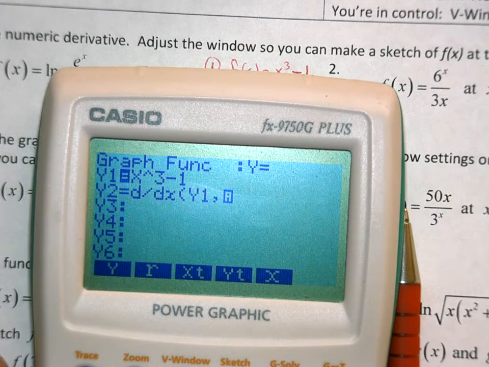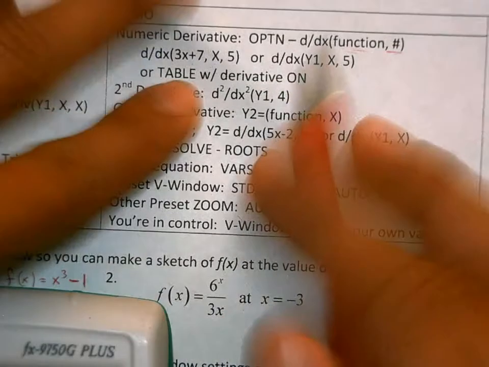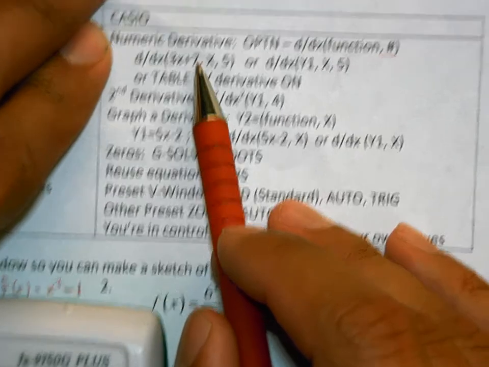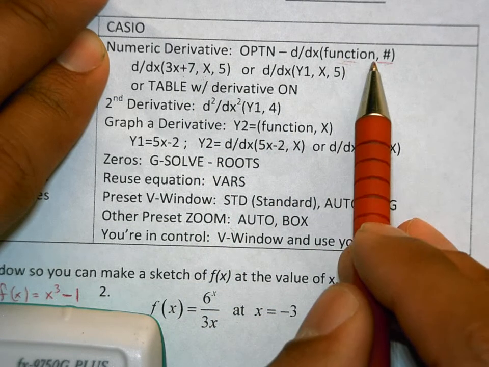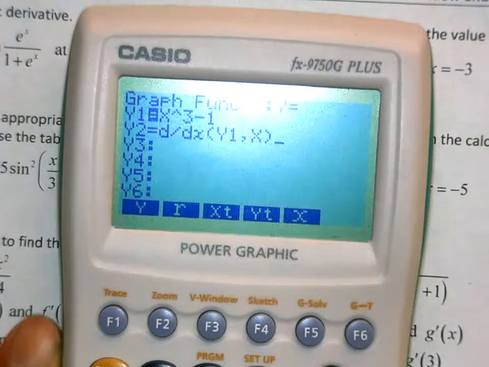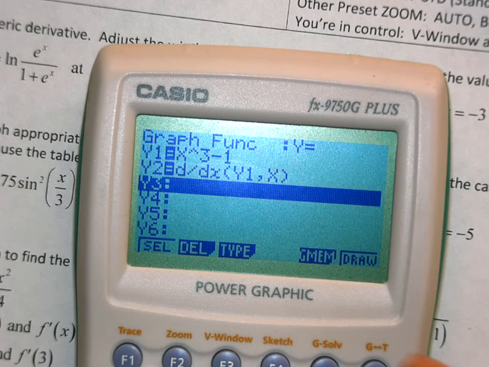Alpha symbol, X, end of parenthesis. There is only one X involved. I know the directions here say 3 things, but really it's just the function and then comma and then just an X there. And that's how you will be able to draw this.